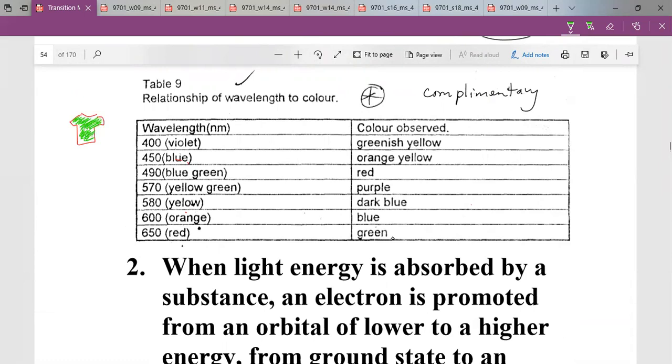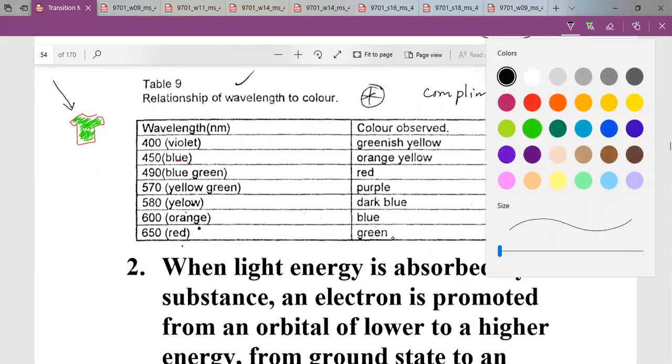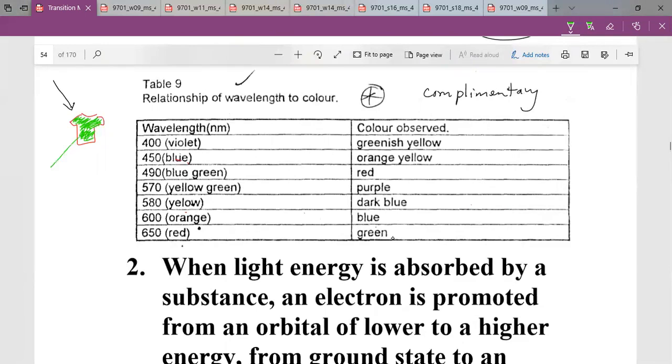When light comes in here, the shirt absorbs all the light except green. So green is reflected. Now you look at it, you observe green.